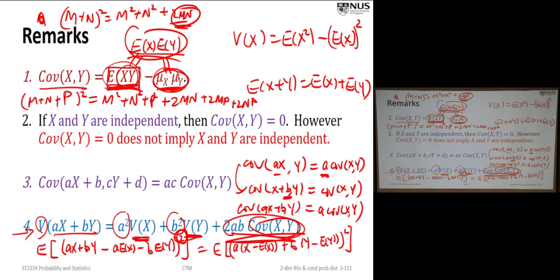How about if I have 10 terms, (m1 plus m2 plus up to m10) squared? You know how many terms there are when you expand it? How many mi squared? m1 squared, m2 squared, m3 squared, up to m10 squared. How many cross-product terms?